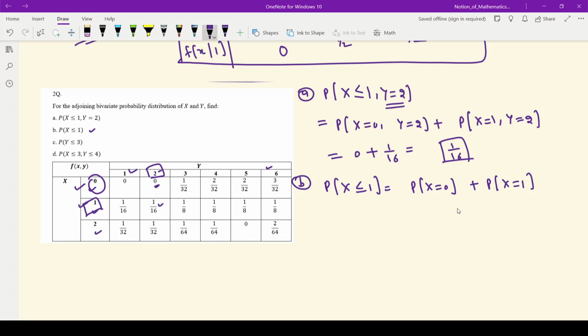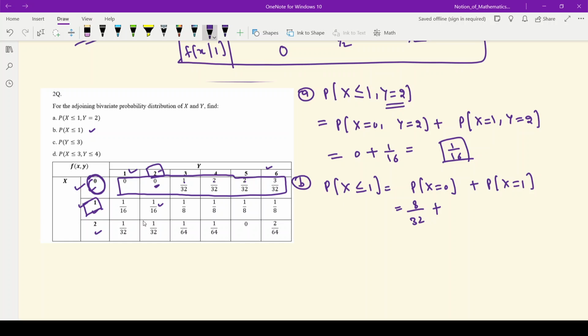If I ask what is the probability at x equal to 0, it will be the summation of all these values. That will be 1 plus 2 is 3, plus 2 is 5, plus 3 is 8, that is 8 by 32.